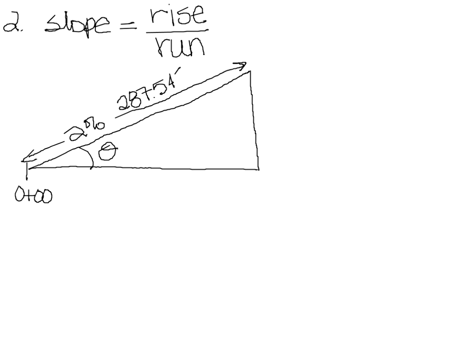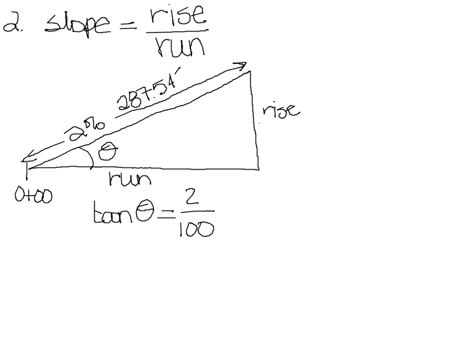Okay, so we can say that the tangent of theta is equal to 2 over 100, right? Because the tangent of this is equal to rise over run here, which is equal to our slope.